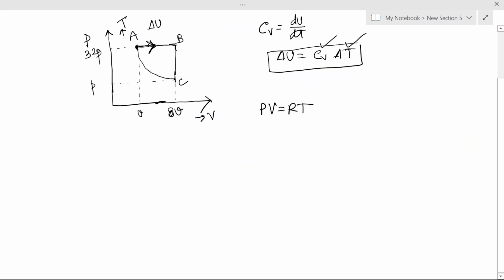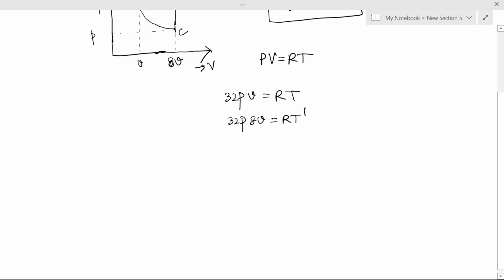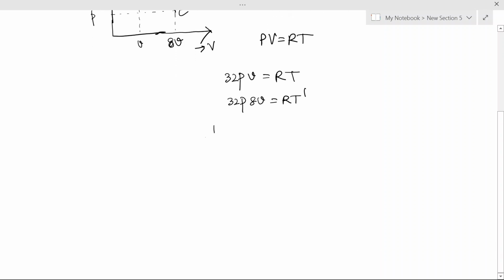At A, its pressure is 32P and its volume is V, and the temperature is T. We assume the temperature at B is T prime. So at B the pressure is 32P, volume is 8V, and it is RT prime. Now we can divide both sides.